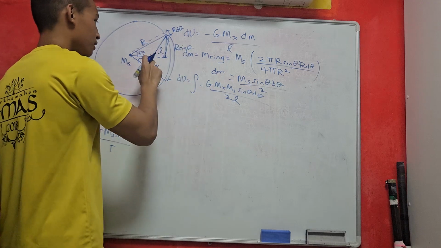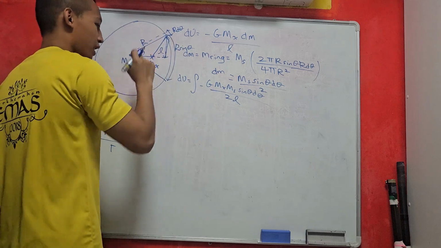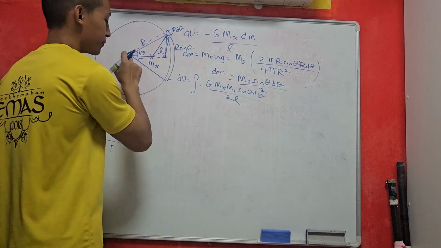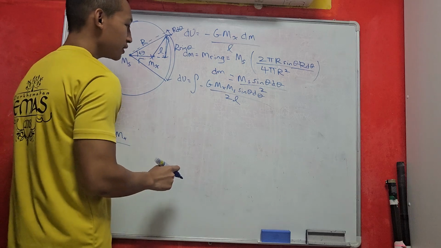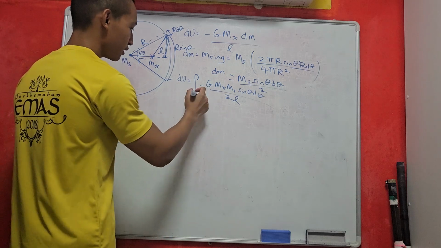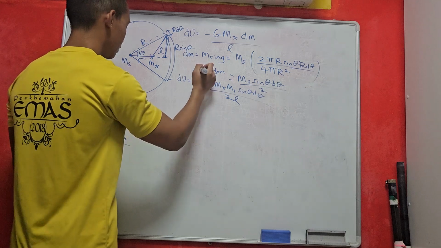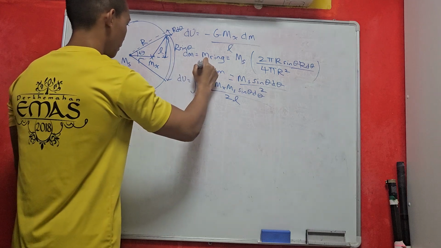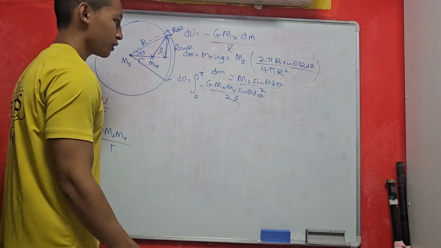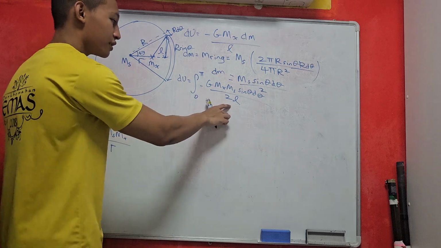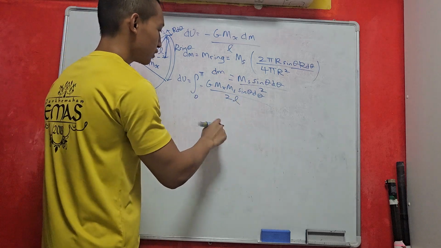So the distance between the object and the ring is L. Therefore, this is L and not R. This is from 0 to pi.